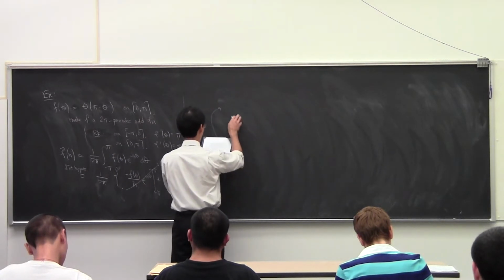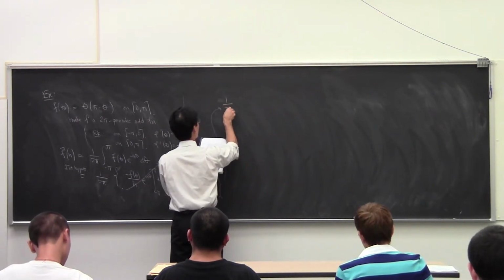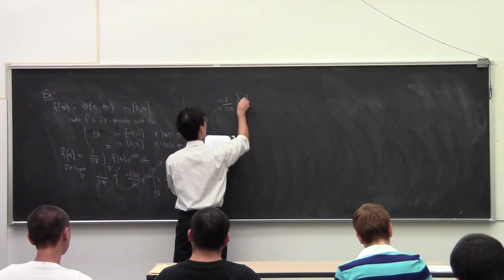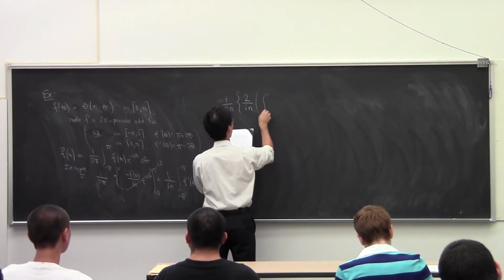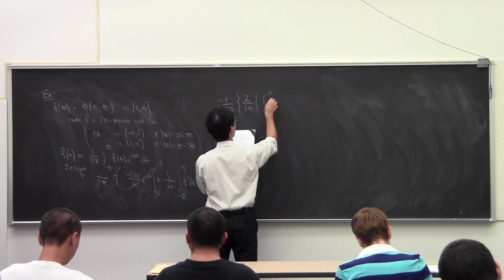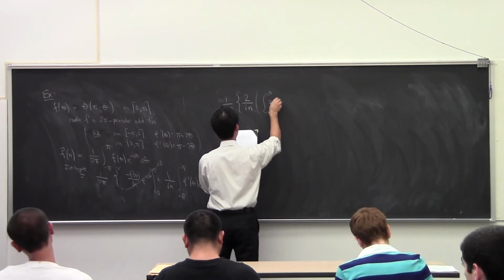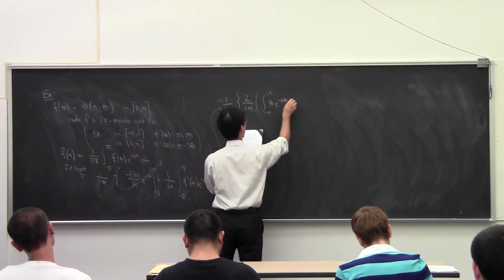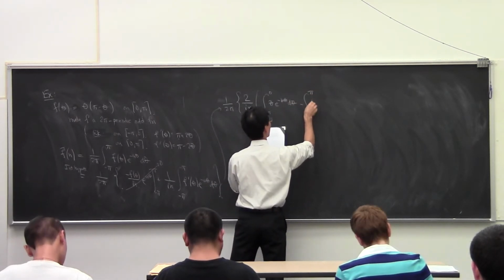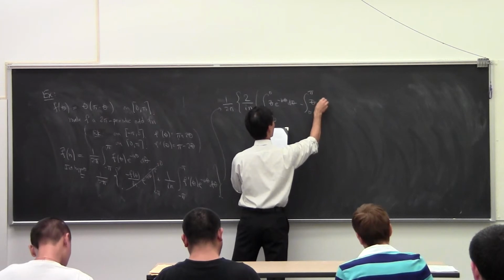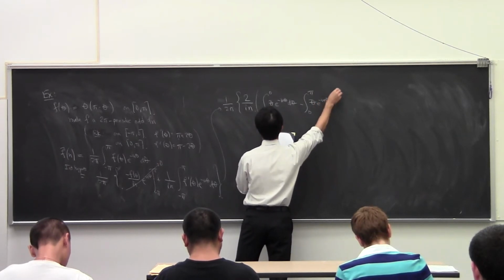And you end up with 1 over 2 pi times 2 over n, the integral from negative pi to 0 of theta e to the negative i n theta d theta, minus the integral from 0 to pi of theta e to the negative i n theta d theta.